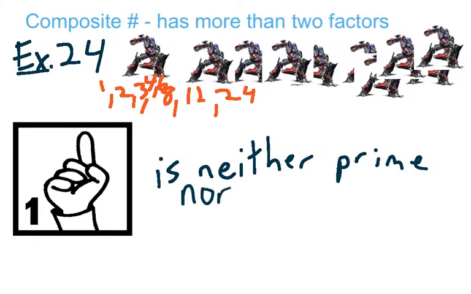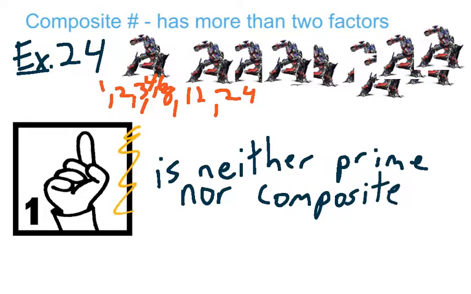It's the oddball. Or let's just say you can't fit it in a box. Oh, I better take out this box then. And to explain that a little more, it only has one unique factor.